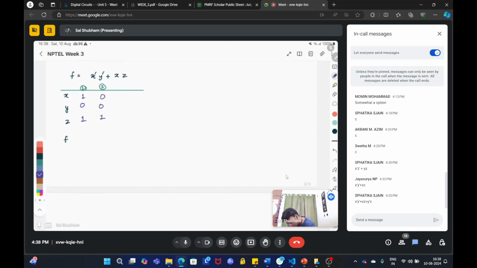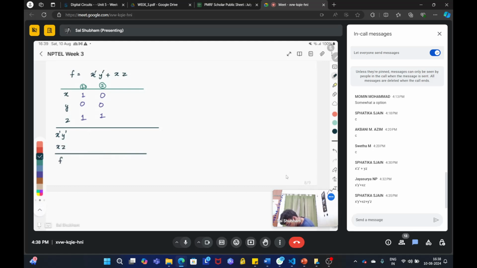So right now I have two expressions, x bar y bar and xz, and then I have the final f. For the first, x bar y bar will be 0, xz will be 1, so your final output will be 1. In this case, x bar y bar will be 1, xz will be 0, final output will be 1.